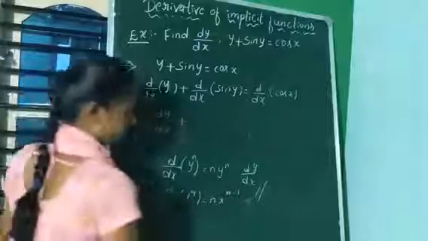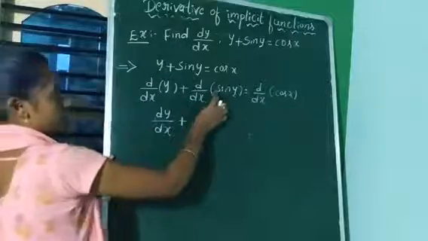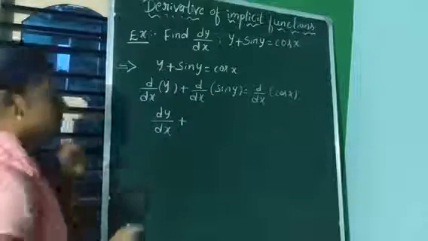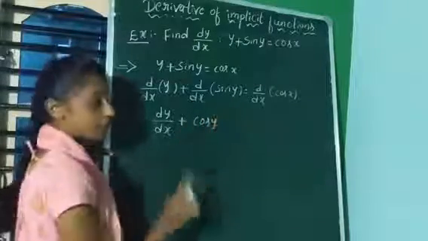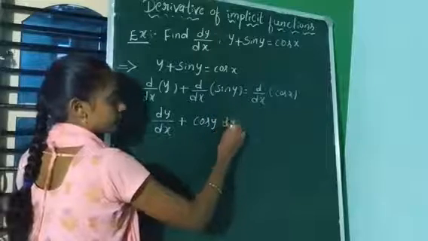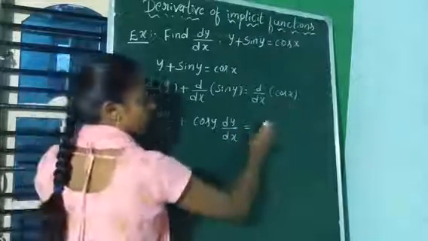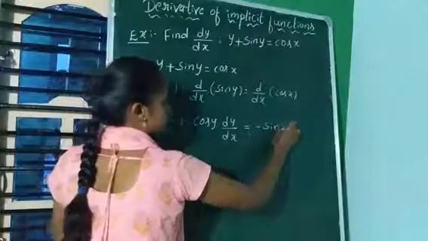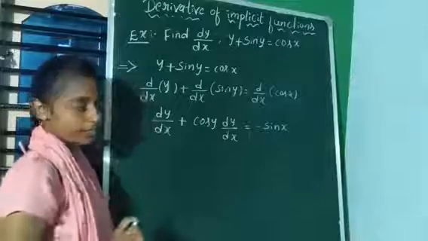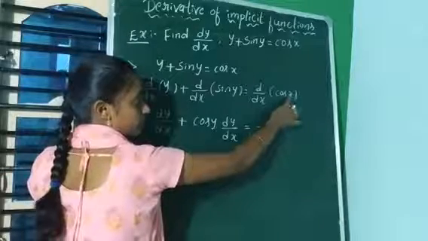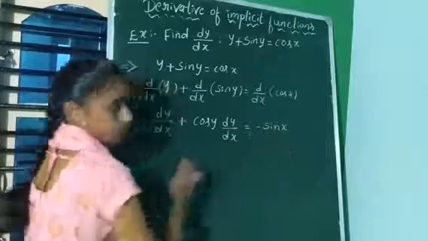Clear? So what you will do now is, sin y derivative is cos y. So again you need to write dy by dx. Hope you understood this. Next, cos derivative is minus sin x, but here we will not write dx by dx because both get cancelled and you get 1. We are differentiating with the variable x only, therefore you write only the derivative value.